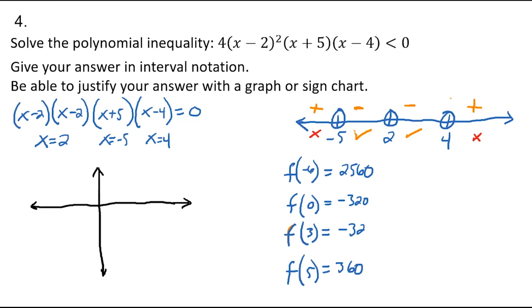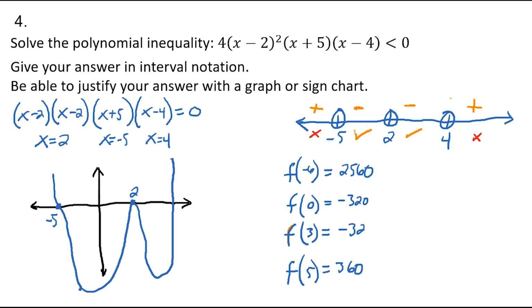You get something that drops down here, and then comes up to this point, which by the way is -5. Then we have +2 here. Then it dips like this and comes back up like a W. And then +4.